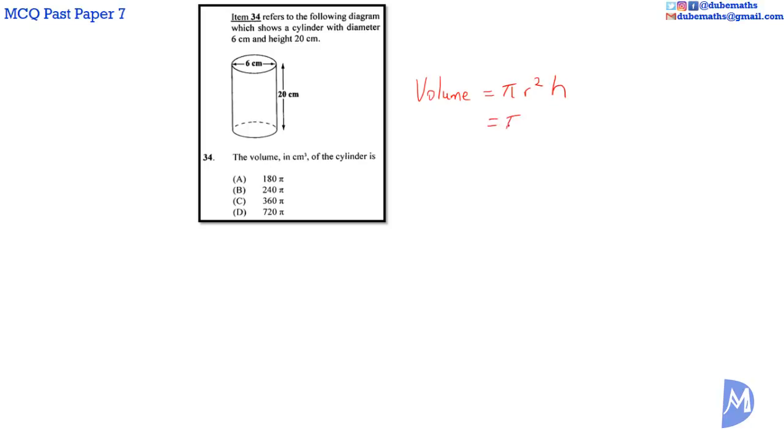We're given that the diameter is equal to 6 centimeters, thus the radius is equal to 3 centimeters, so pi by 3 squared multiplied by 20 is equal to pi by 9 by 20. 9 by 20 is 180. Pi by 180 is equal to 180 pi. The answer is A.